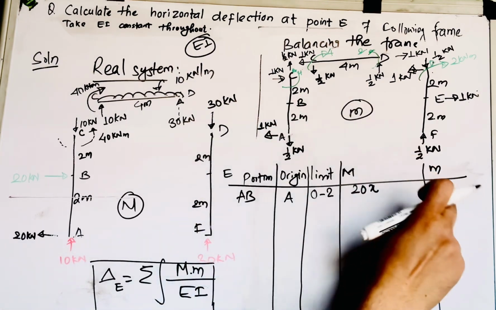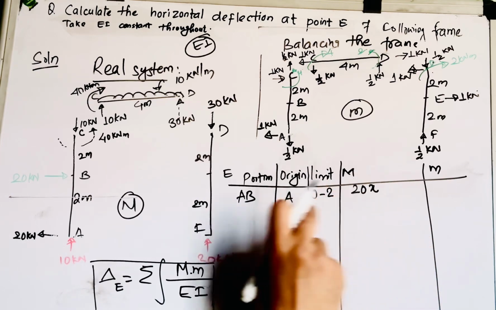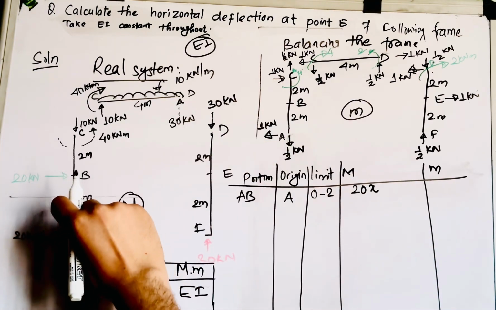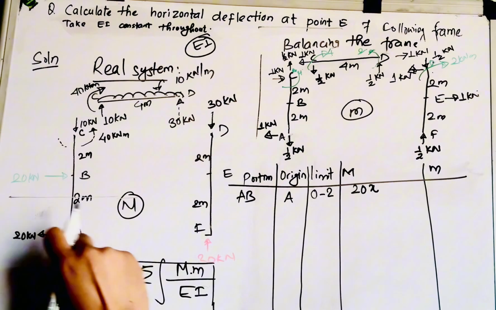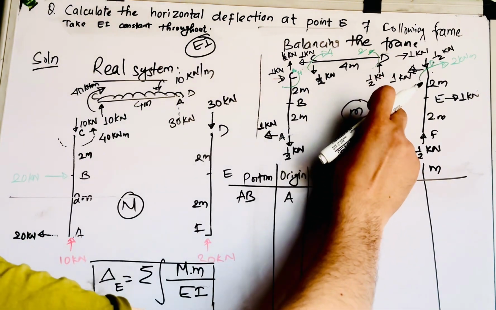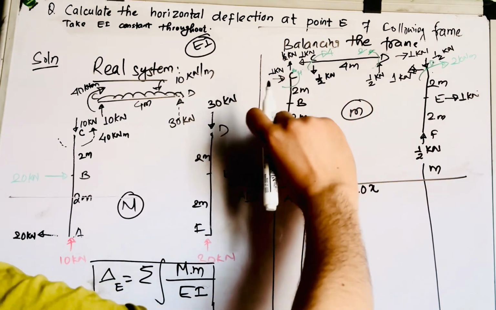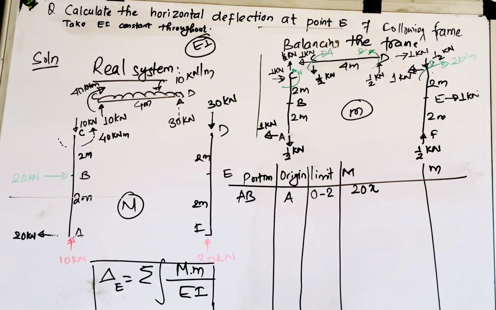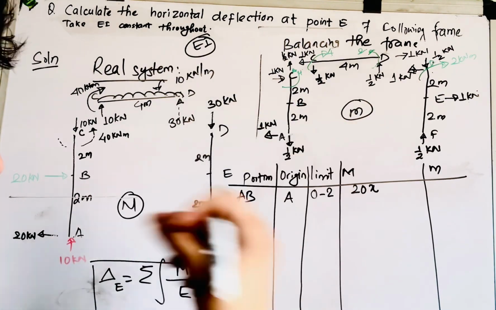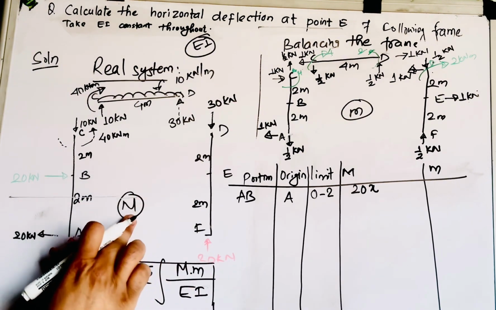If you take like this, you need to be careful in this table that if you take the origin of this system as A, and take the x like this, then in the virtual system or the unit load system you need to take the same section from that origin as well. So you need to take the same origin, similar limit and similar assumptions as you have assumed in the real system.